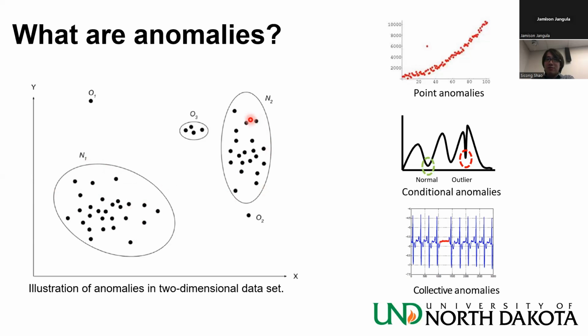Whereas the region O3 and the data points O1 and O2 are few data points located further away from the majority, and hence are considered anomalies due to several reasons, such as malicious actions, system faults, or intentional fraud.